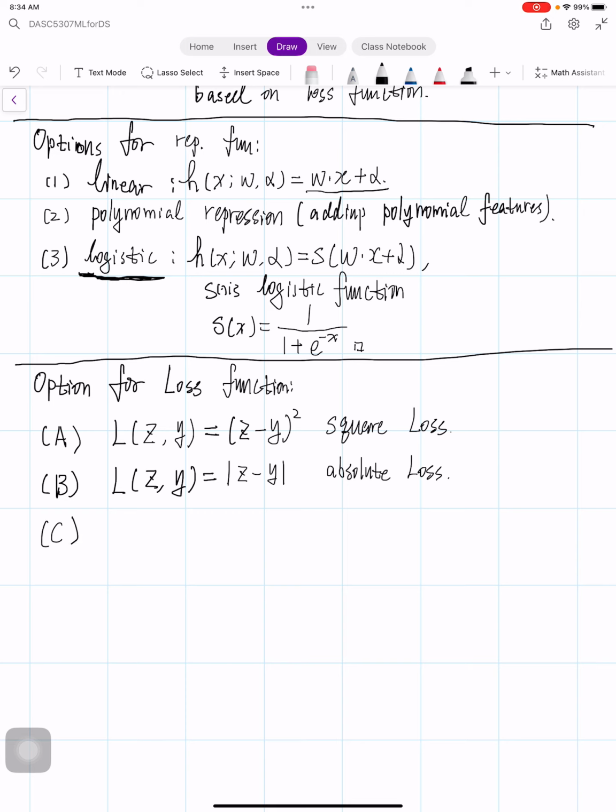There's another popular loss. It's called entropy loss, cross entropy. So z, y. Okay. So sometimes if you have the values between 0 and 1, okay, so you could also use this loss. So negative y times natural log z, minus 1 minus y times natural log of 1 minus z. Okay, this is called logistic loss.